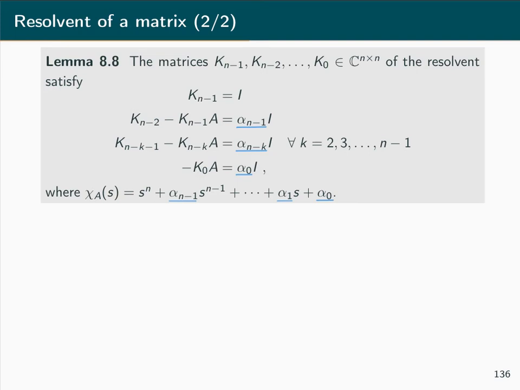In the same way, we can continue to compute K_{n-k-1} from K_{n-k} via the corresponding recurrence relationship involving the coefficient alpha_{n-k}, down to the last recurrence relationship, which reads as minus K_0 times A equals alpha_0 times identity.